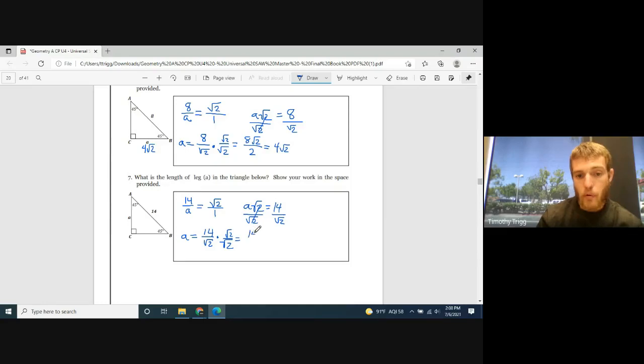So on top now, we have 14 square root of 2. And on bottom, square root of 2 times square root of 2 is just 2. This simplifies. 14 over 2 gives you 7 square root of 2. So that's the length of this leg, 7 square root of 2. Okay. Hopefully that wasn't too bad.